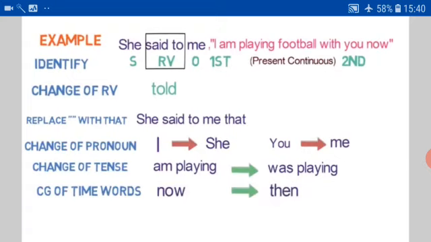Am playing is converting into was playing, and now is a time denoting word that is showing nearness, and we have to change it into a distance denoting word, that is then. Now it changed into then. In this way, students, you have seen that the complete sentence is prepared: She told me that she was playing football with me then.